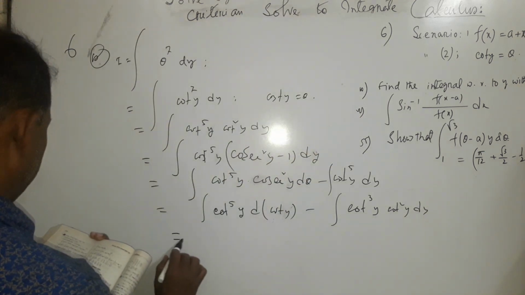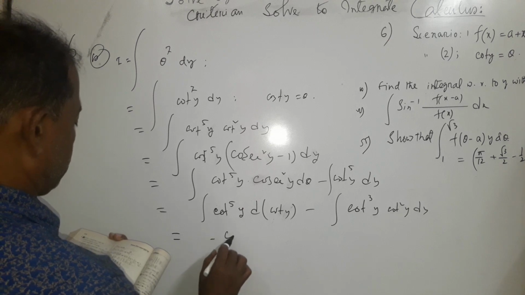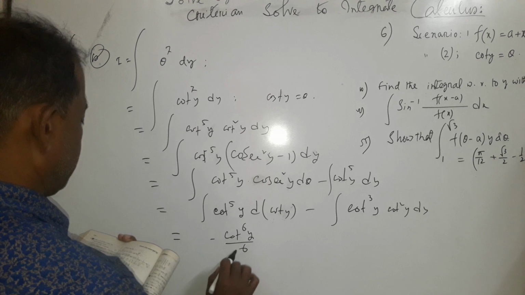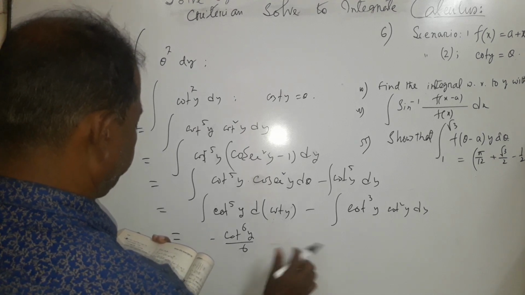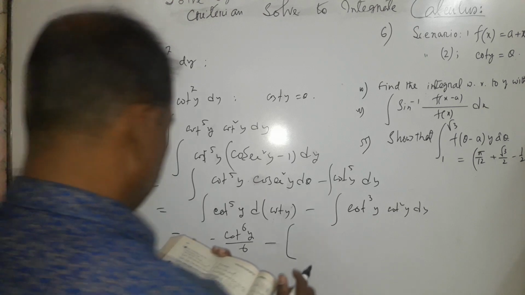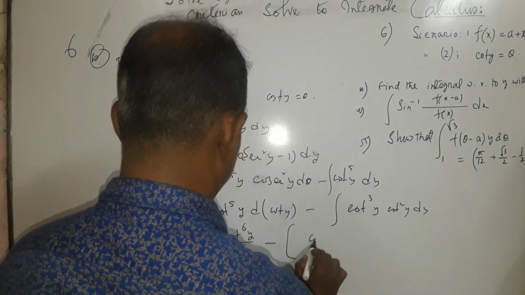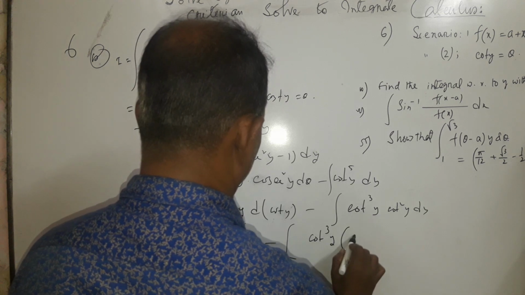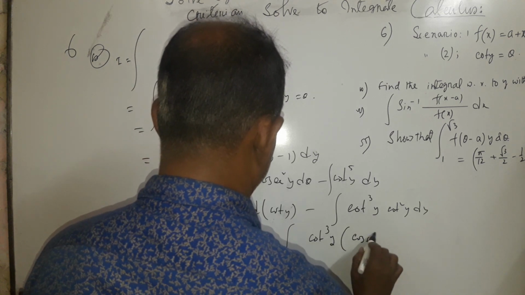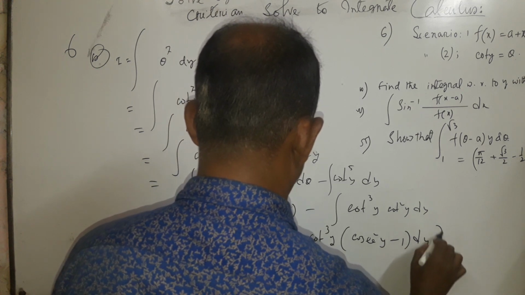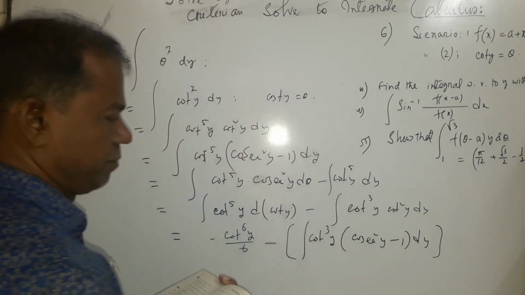So then minus cot to the power 6y divided by 6 minus integration of cot 3y into cosec square y minus 1 into dy, closed integration dx.